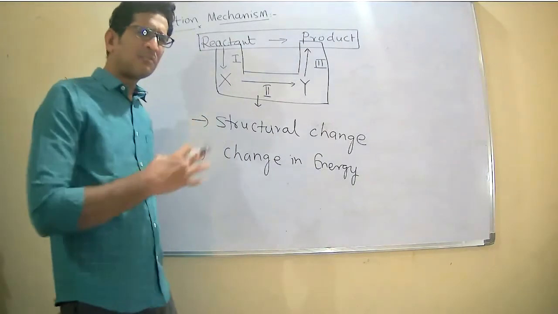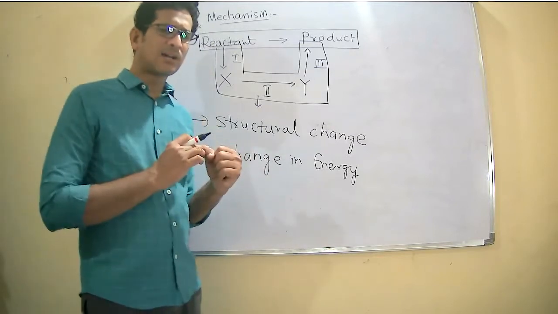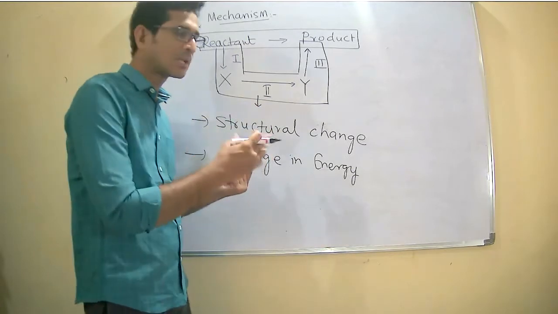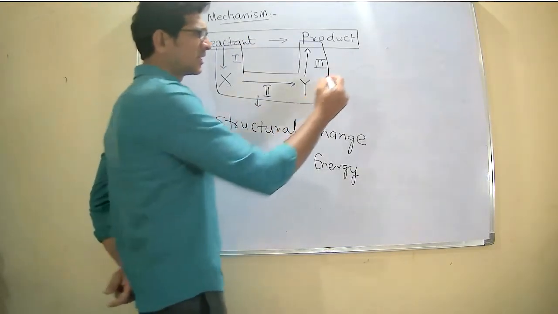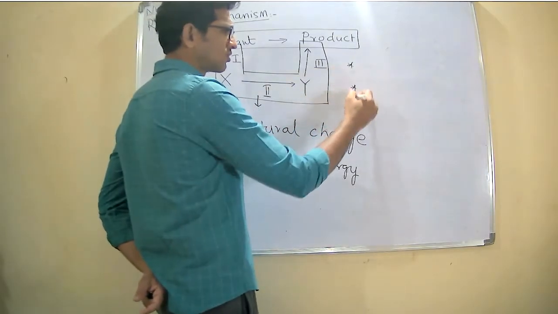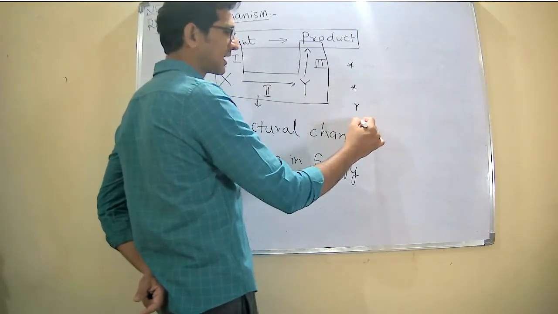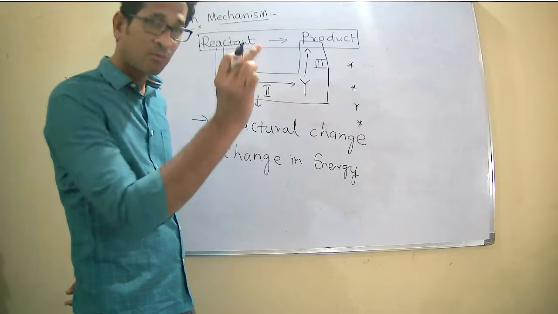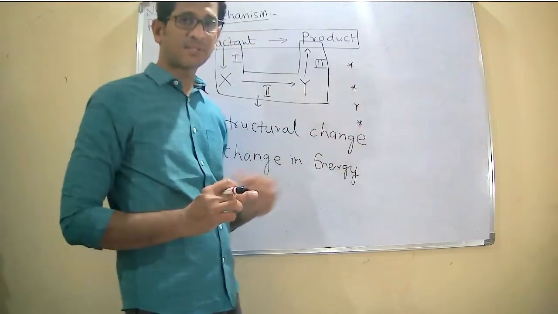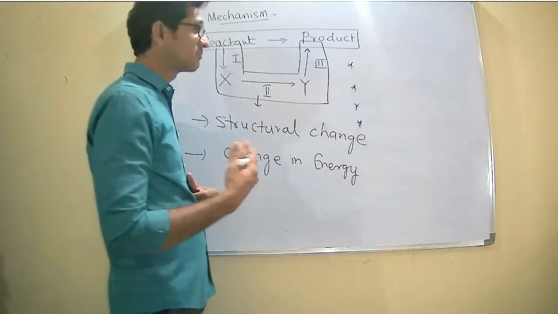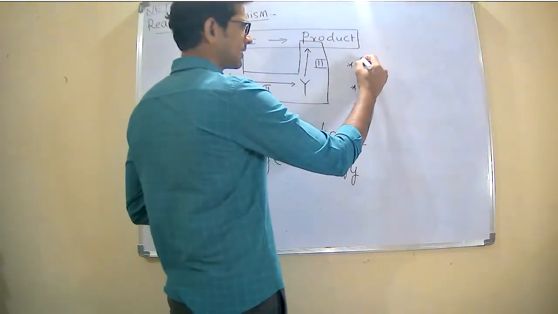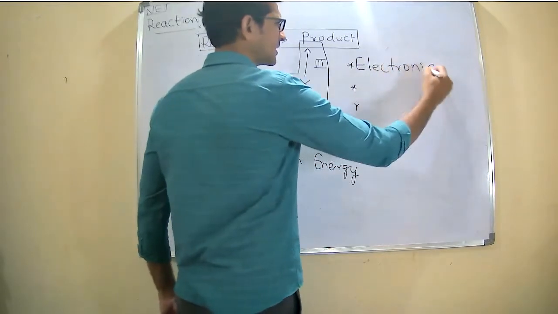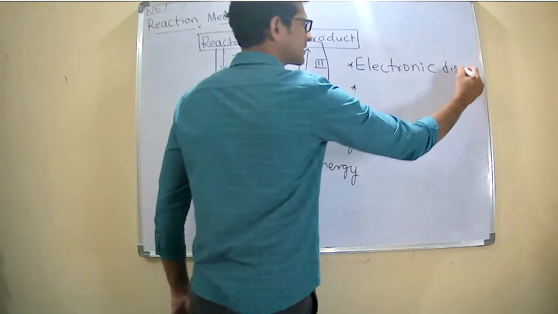Whenever we are going to study a reaction mechanism, we must observe the following parameters. What are those parameters? Electronic displacement.